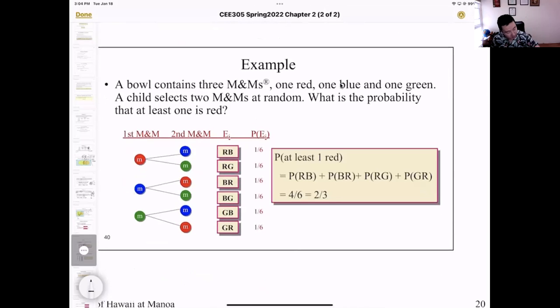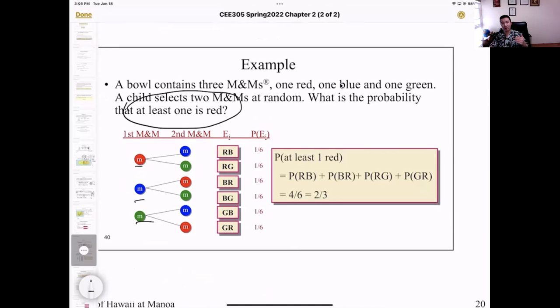Another example: a bowl has 3 M&M candies. We have 1 red, 1 blue, and 1 green. Select 2 candies at random. What is the probability of at least 1 red? We use the counting method.